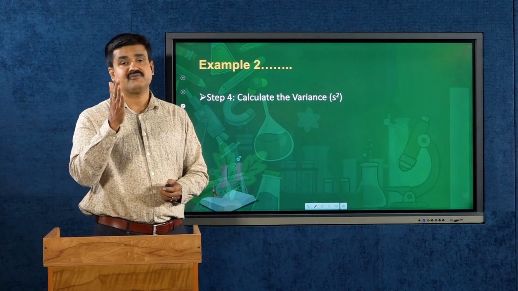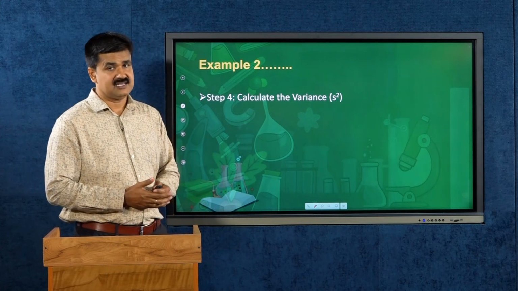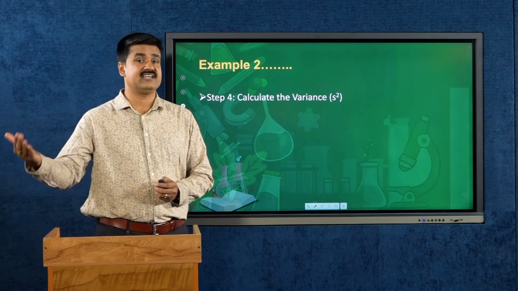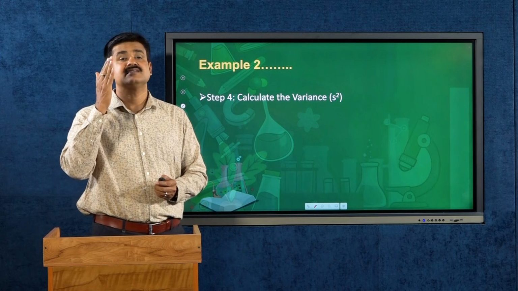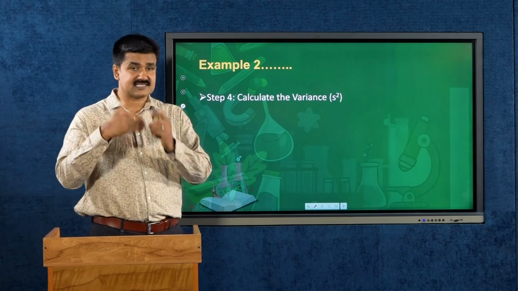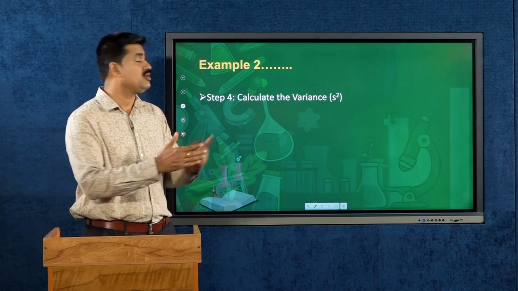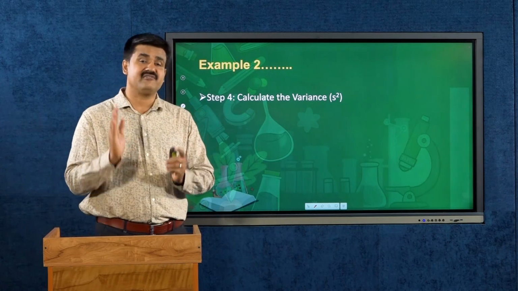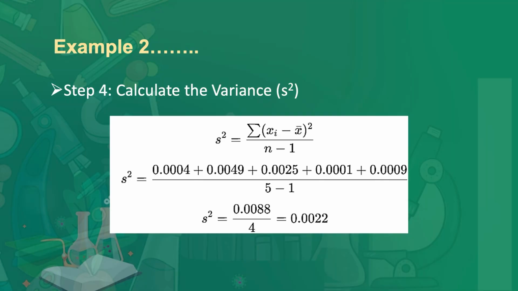In the next step, you have to calculate variance first. You are very well familiar with the fact that variance should be calculated first, then take its square root to get the final standard deviation, because standard deviation is the square root of variance, or simply variance is the square of standard deviation. So, in the fourth step, we are computing variance. Variance is S square equal to sigma xi minus x bar, the whole square divided by n minus 1.